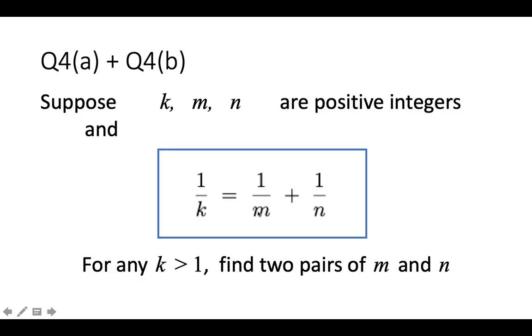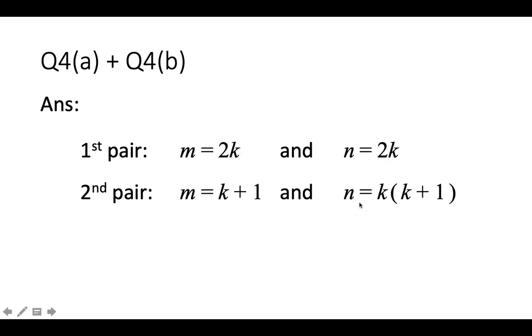So it is going to be k plus 1 that we try here, and then what will happen? So we're asking if it is possible to find an n such that 1 over n is equal to 1 over k minus 1 over k plus 1. And it works. So you can set n to be k times k plus 1, and it will work. So we have two pairs.